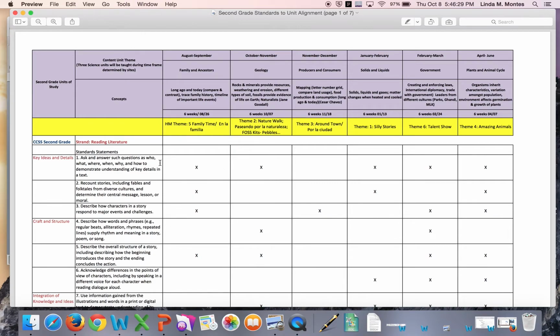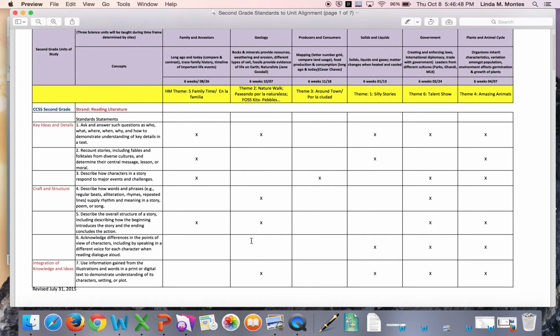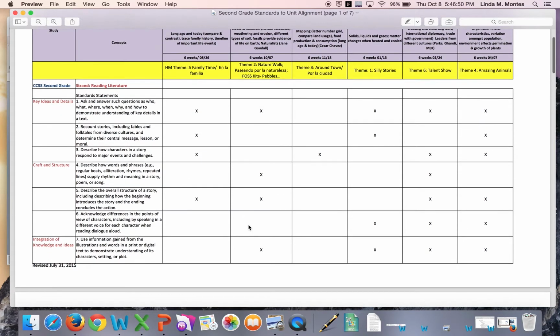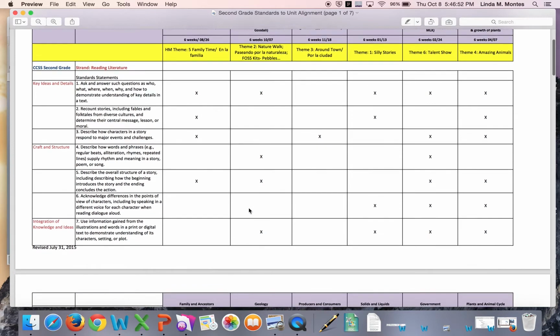So again, we clearly outline the standards that will be taught during this geology unit. So for example, during this geology unit, we ask and answer questions, state who, what, where, why, and how. Then we're describing how words and phrases supply meaning in their stories. In this geology unit, we're describing the overall structure of a story, etc.